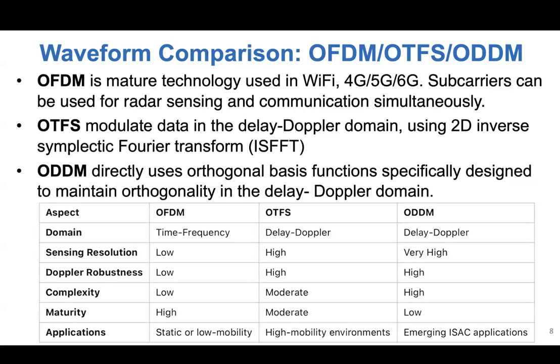For example, if you go on a high-speed train, before COVID, if I was using my phone on a high-speed train when the speed is high, I could not receive the signal due to the subcarrier synchronization problem.